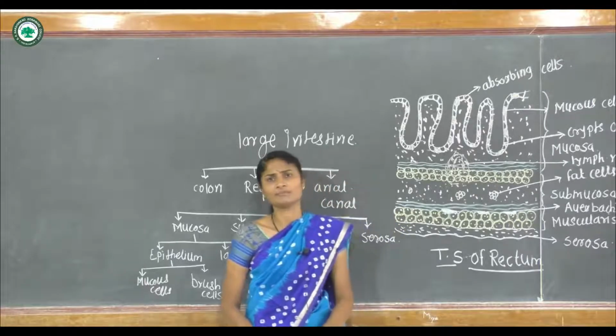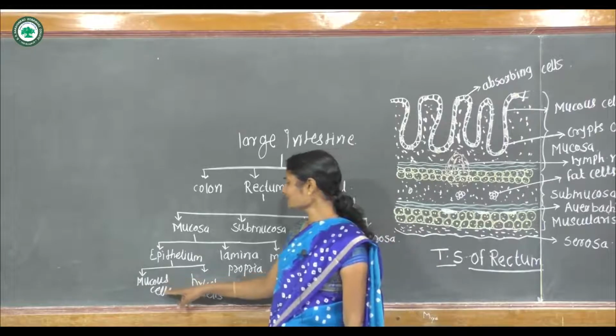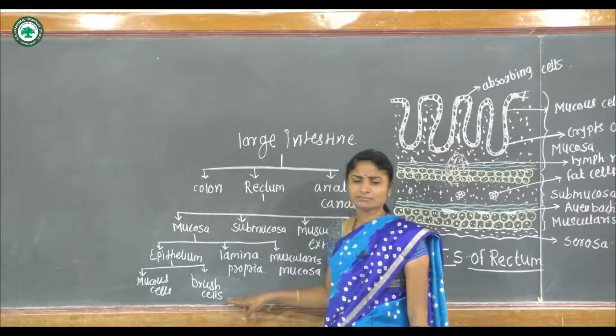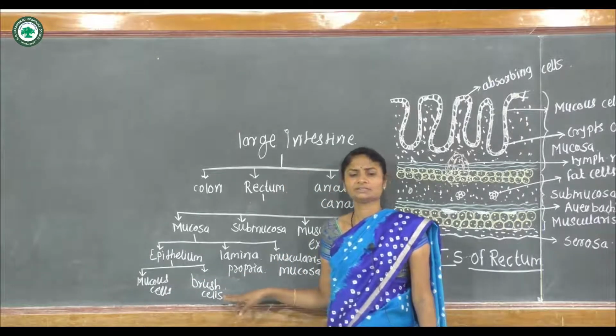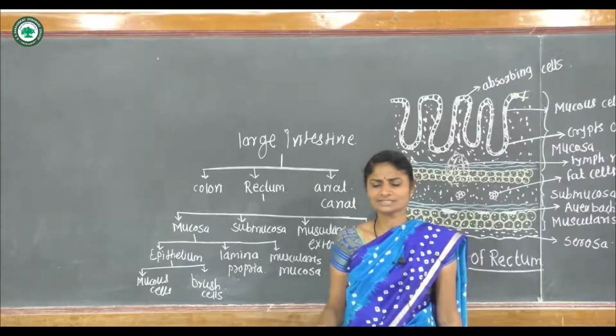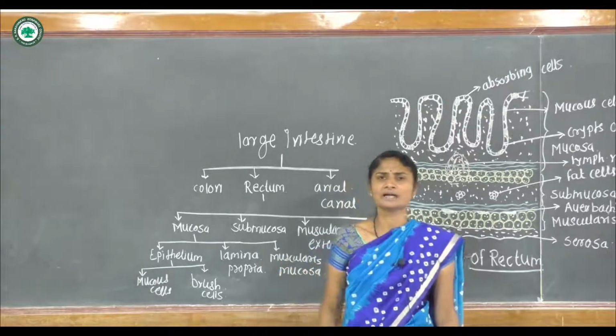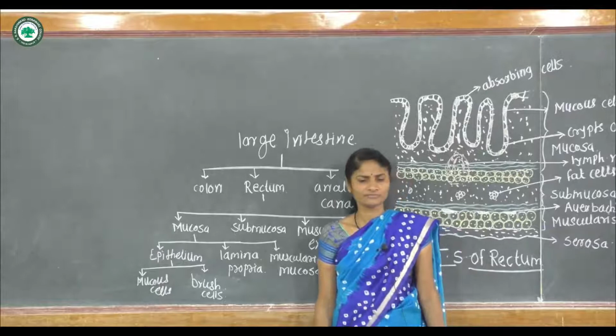This epithelium forms 2 types of cells, mucous cells and brush cells. These mucous cells mainly secrete mucus, and these brush cells are absorptive in function.